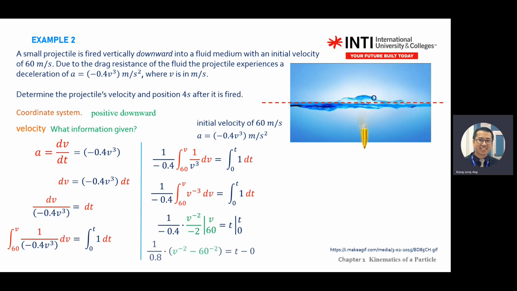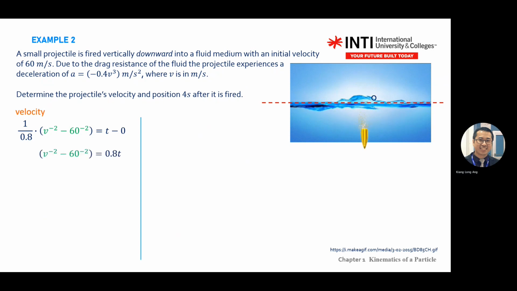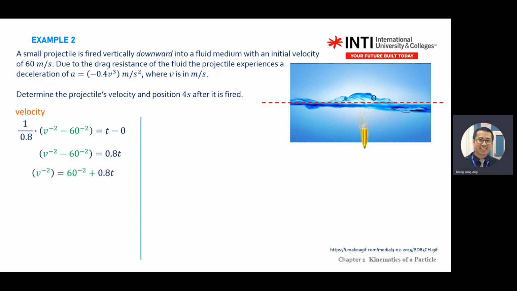Then from there you get a quadratic equation. You solve for v. You write the v, continue to write, put this one to here, continue to write, put this one to the left. Make sense?